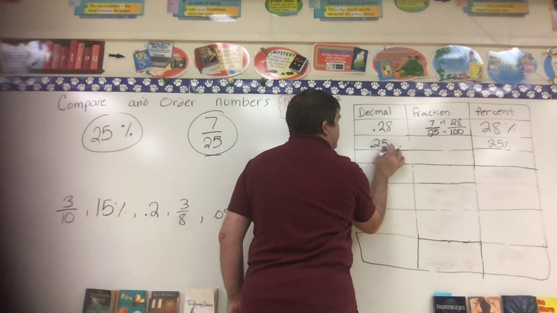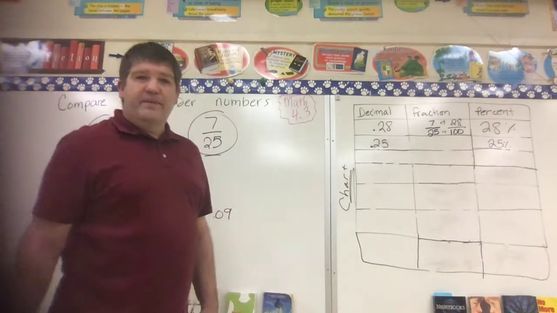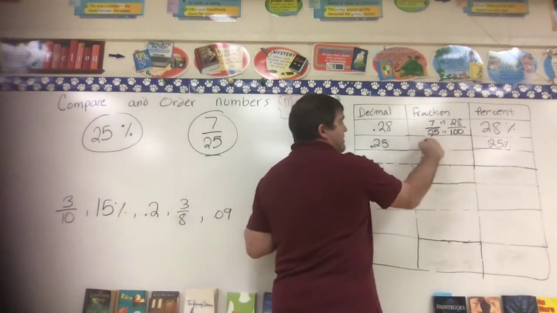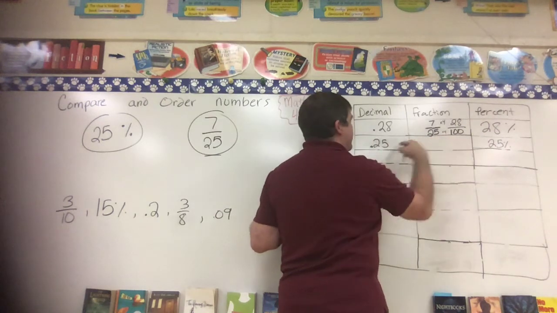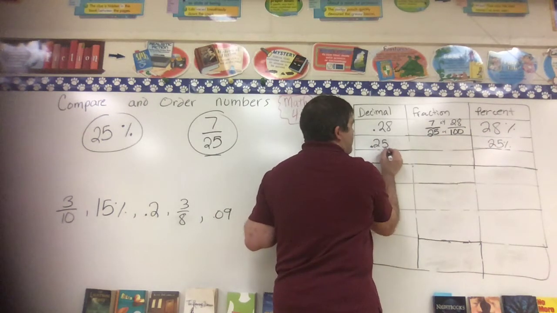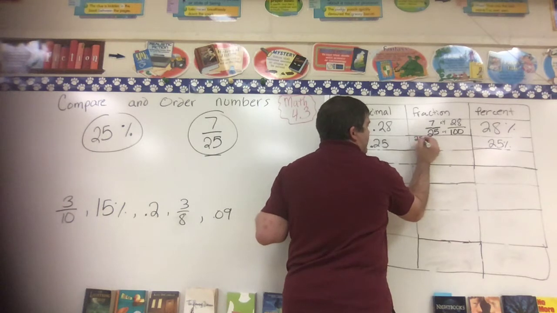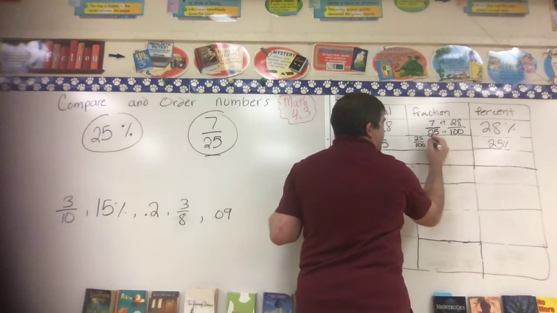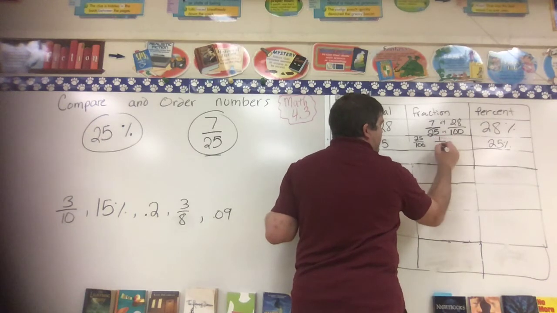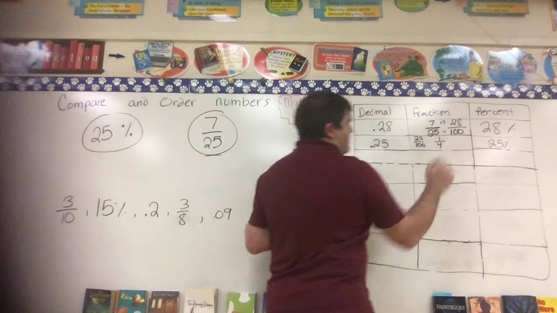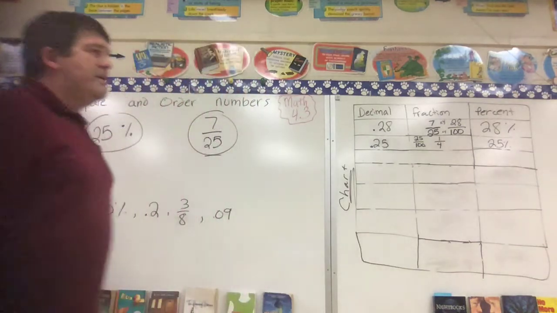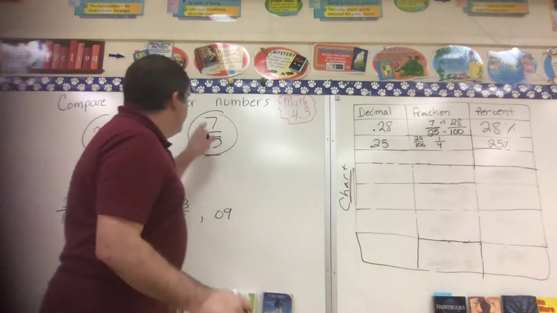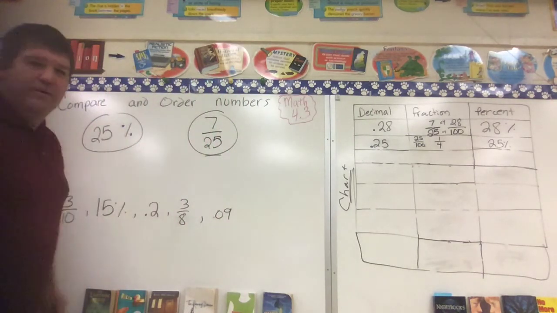Okay, so 0.25. Now I could go this way to here, or I could go this way to here. I'm going to go this way. 25 hundredths. And then I simplify it, divide each by 25, I get 1/4. Okay. So now I have both of these numbers in all three forms.